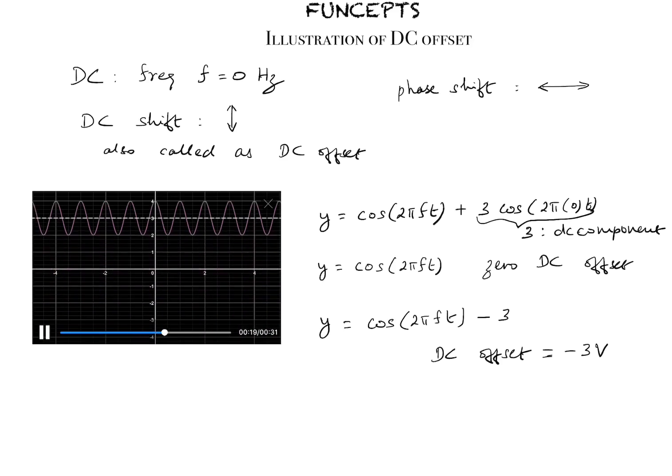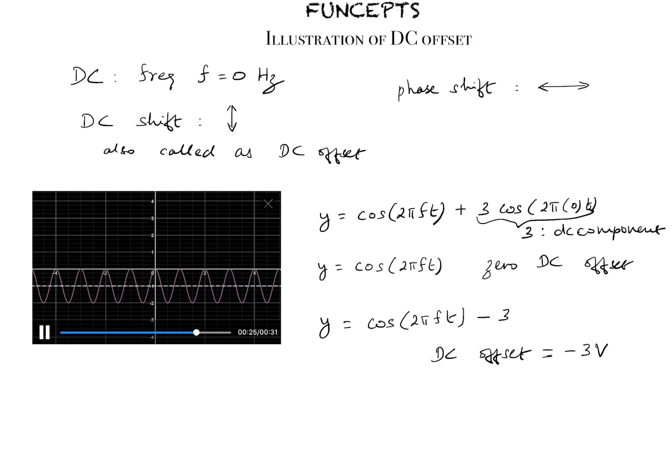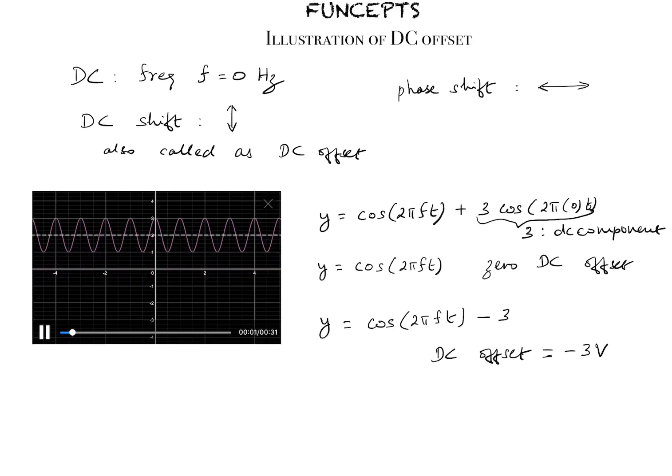So we see how the waveform is being shifted vertically along the y-axis depending on the amount of DC shift. When it is centered on 0, that means it has 0 DC offset. When it is centered on +1, it means it has a DC offset of 1 volt. Now it's having a DC offset of 2 and 3 and so on.